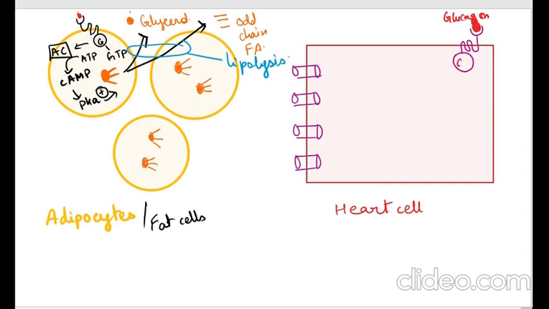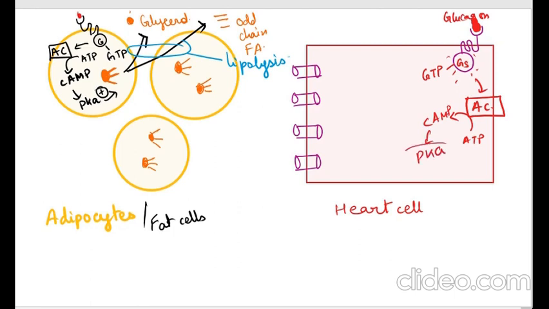So what happens is again a G stimulatory protein will be activated, which binds to GTP. So it gets active. Then it activates the effector enzyme adenylyl cyclase, which will convert ATP into cyclic AMP, which will activate protein kinase A.